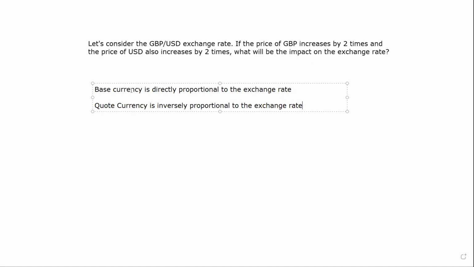If the base currency decreases, then the exchange rate will also decrease. Similarly, on the contrary, quote currency is inversely proportional to the exchange rate. This means when the quote currency increases, then the exchange rate will decrease. Okay, it's a very simple one.